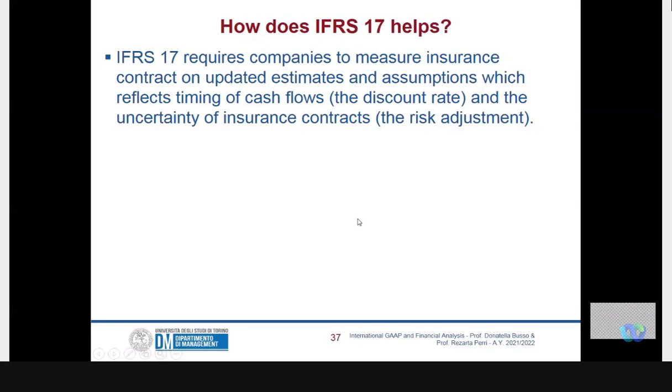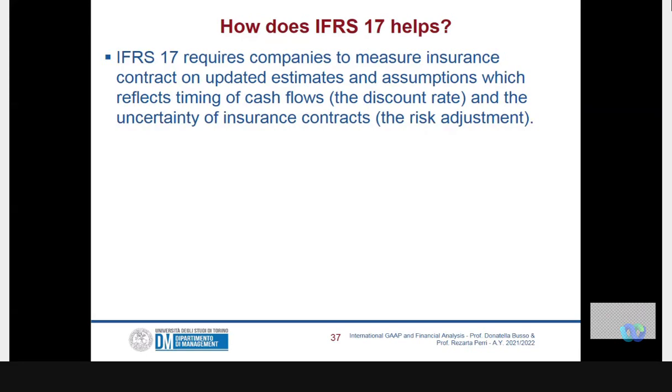First of all, it requires companies to measure insurance contracts on updated estimates and assumptions that reflect the timing of cash flows. You saw that the time value of money is included there. Non-financial risk that reflects the uncertainty of the timing of paying the insurance claims is also included there.